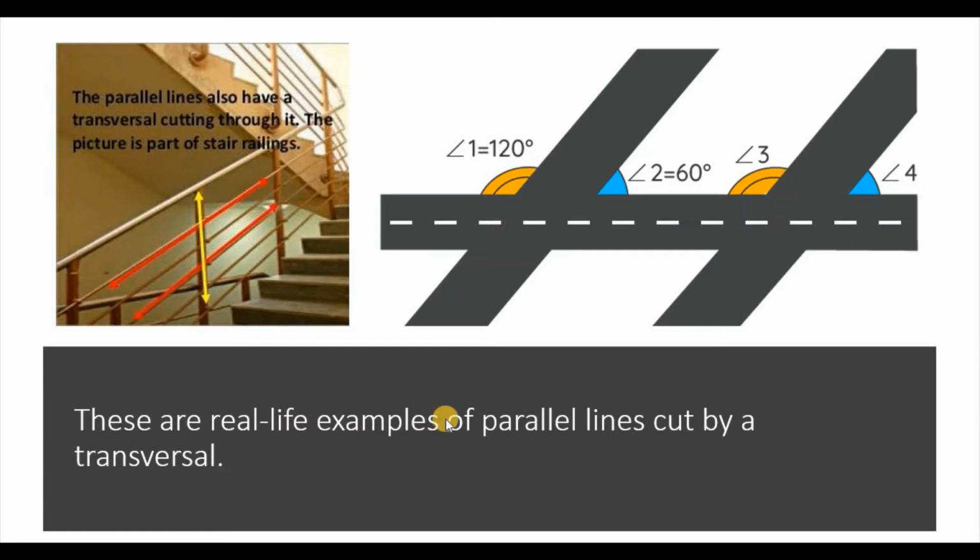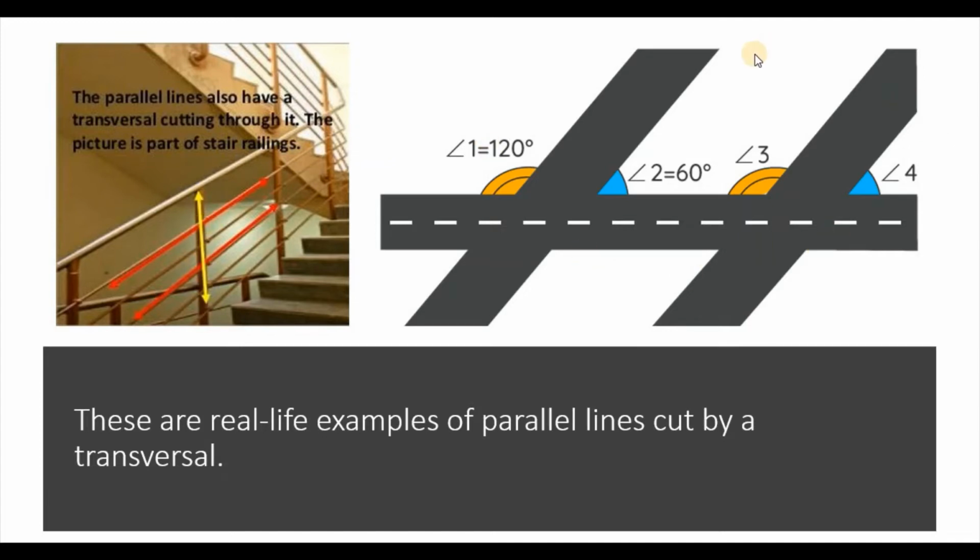Okay, so these are real-life examples of parallel lines cut by a transversal. The parallel lines also have a transversal cutting through them. The picture is part of stair railings. So the parallel lines are the upward railings, and then the vertical railing is what serves as the transversal.